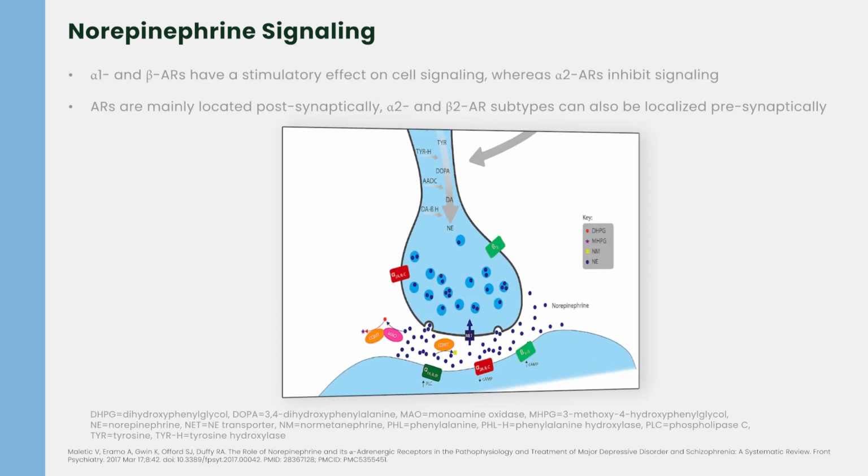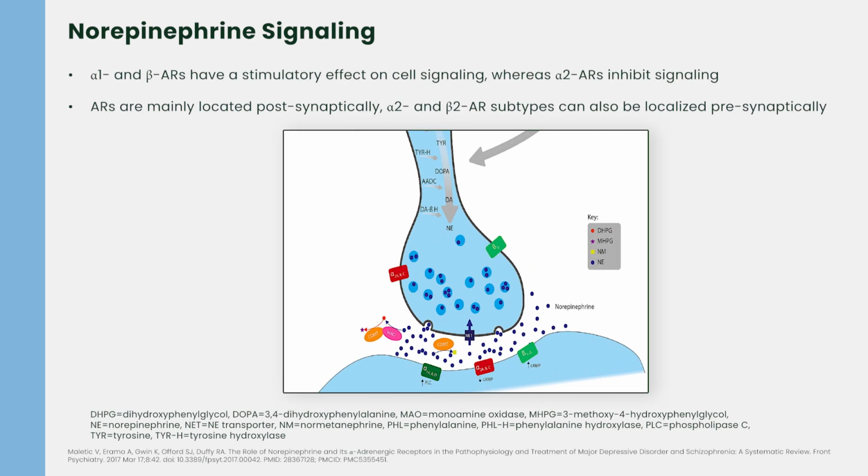What we do need to know is that alpha-1 and alpha-2, as you can see here on the slide, live in different locations. Alpha-1 primarily is postsynaptic. Alpha-2, on the other hand, is both presynaptic and postsynaptic. You might be wondering why norepinephrine, in all its wisdom, decided to put its receptor in different places.